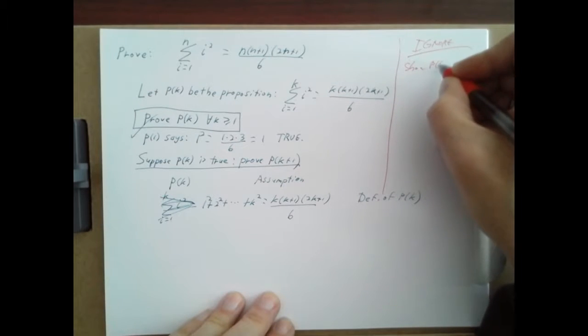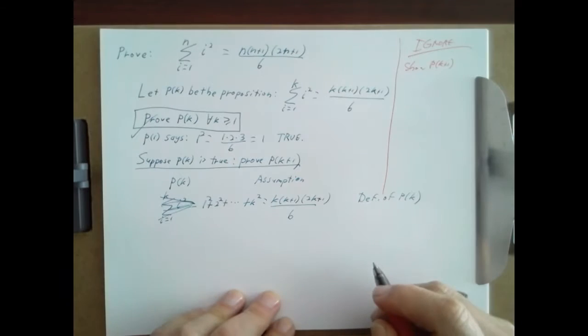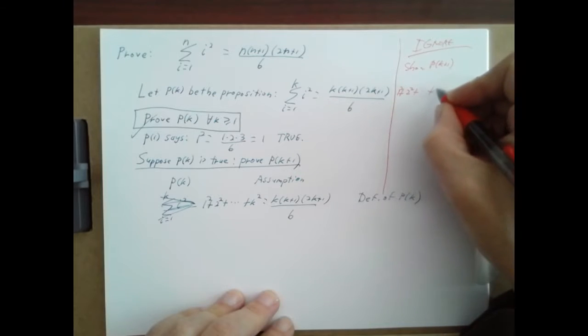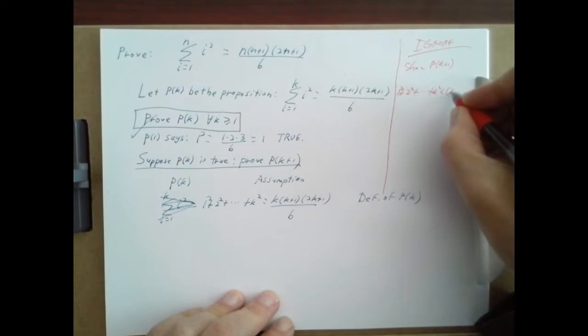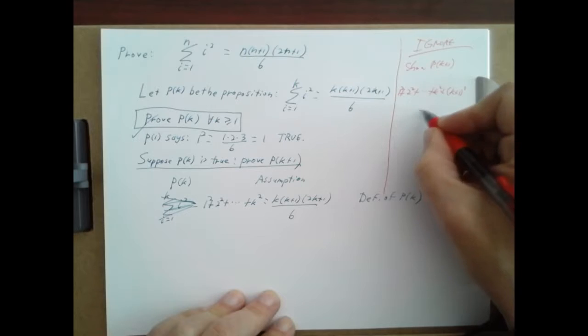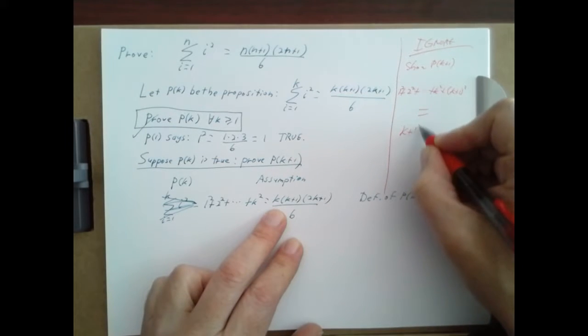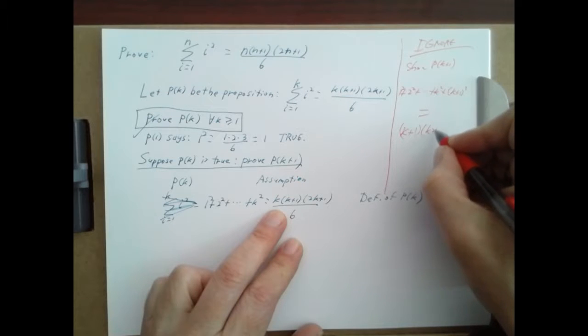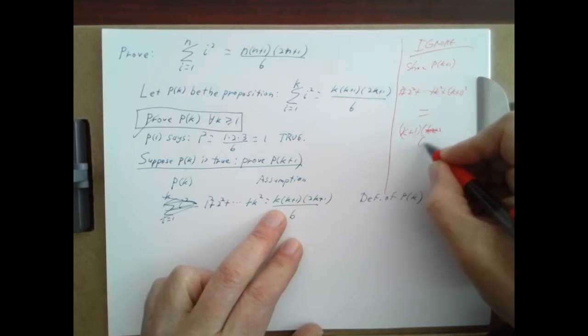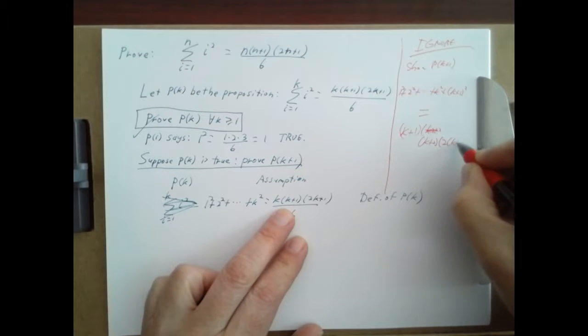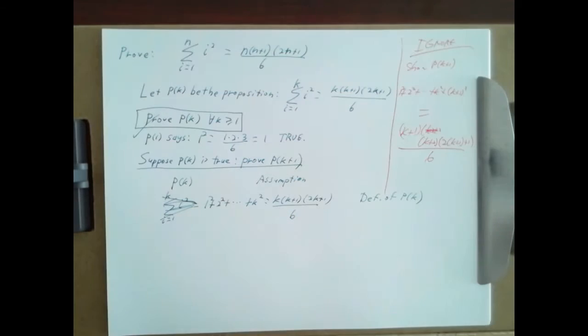Yes, we want to show P of k plus 1, which says 1 squared plus 2 squared plus up to k squared plus k plus 1 squared equals, and we want it to end up being k plus 1 times k plus 2 times 2 times k plus 1, all divided by 6.